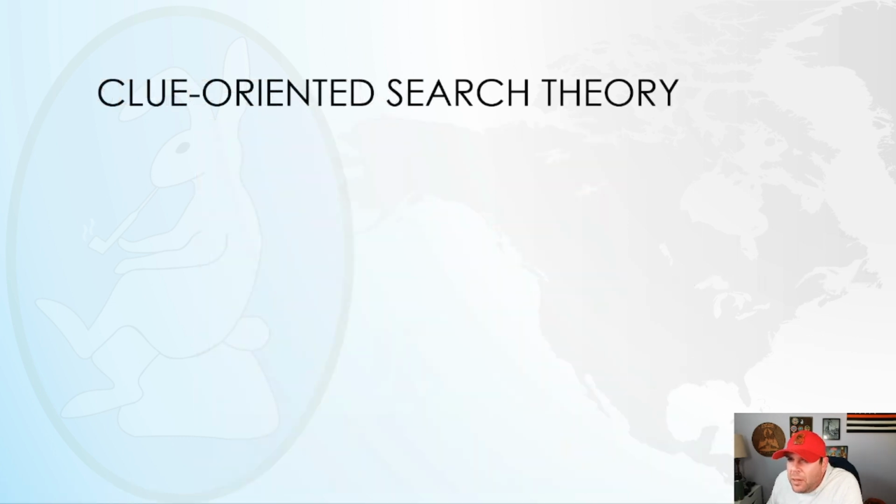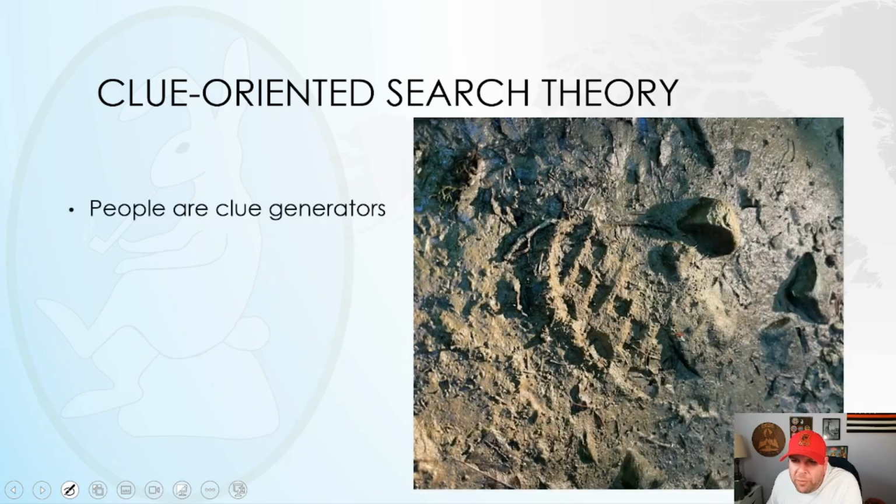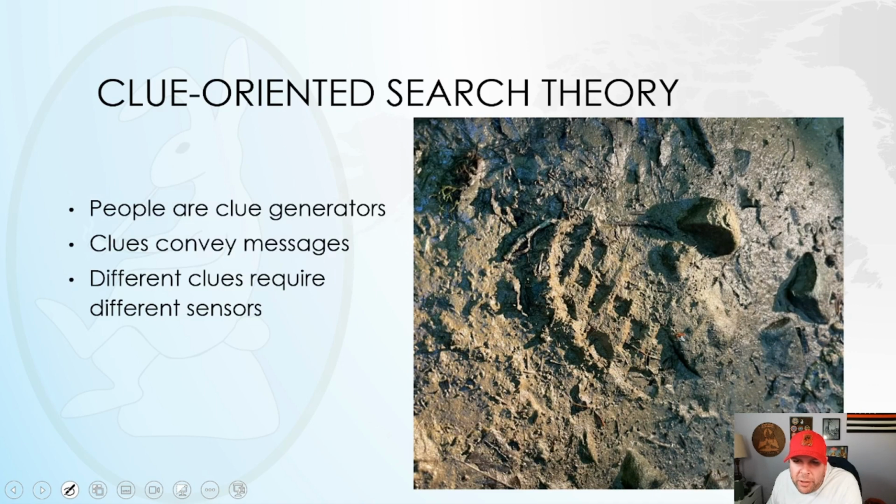Let's talk about search theory for a moment, and we term it as clue-oriented search theory. There are some hallmarks of clue awareness that we need to really talk about. The first one: whenever we're searching, we're searching for both the clues and the lost subject. That's the idea behind clue-oriented search theory.